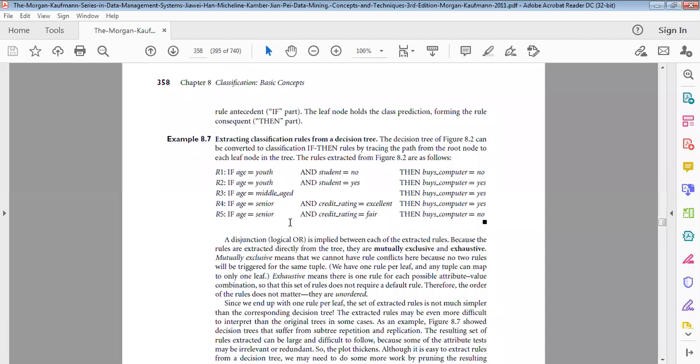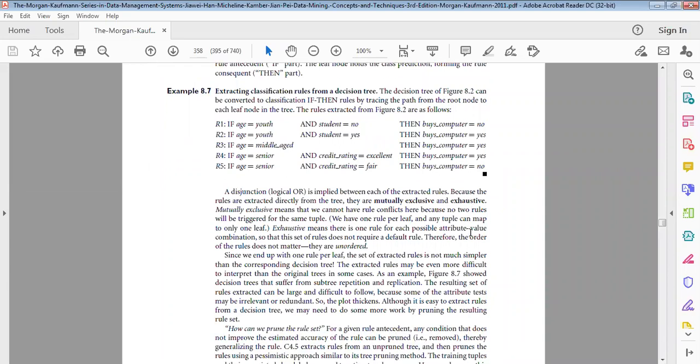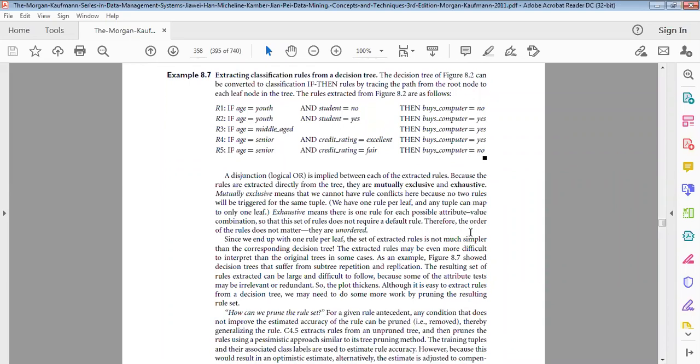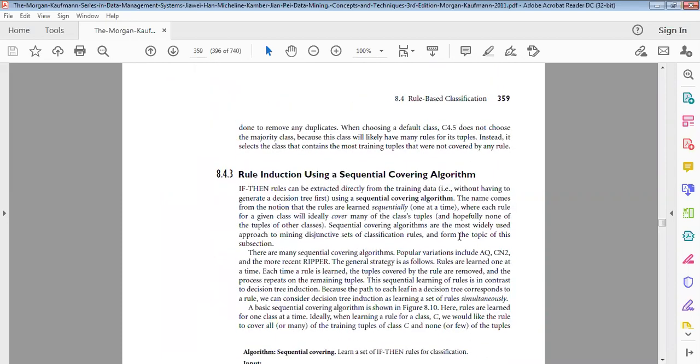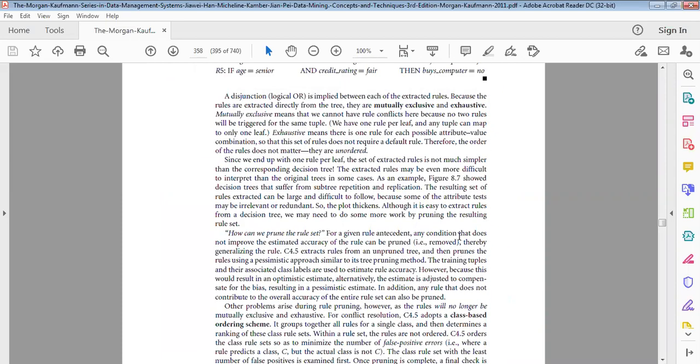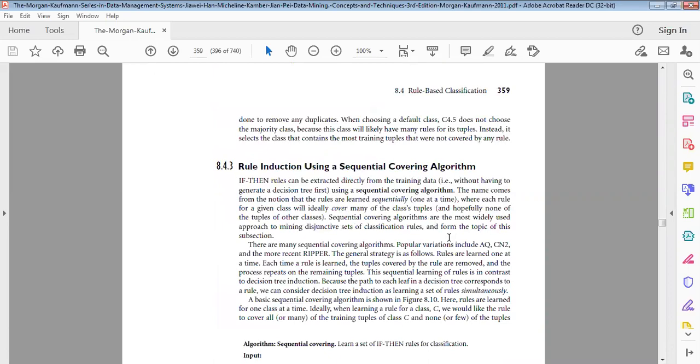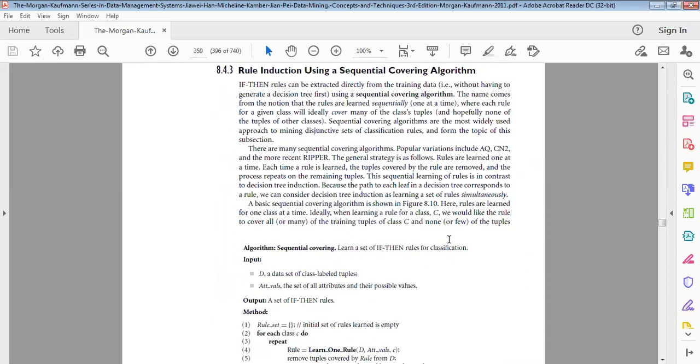If the age is senior and credit rating is fair, you don't want to buy the computer. So based on these values extracted from this figure, you can easily get whether you want to buy the computer or no. Easily you can do it with the decision tree. Rule induction using sequential covering algorithms, we have to use here.